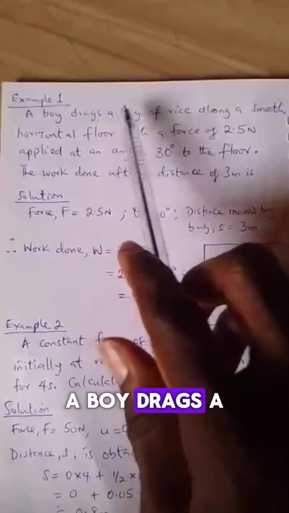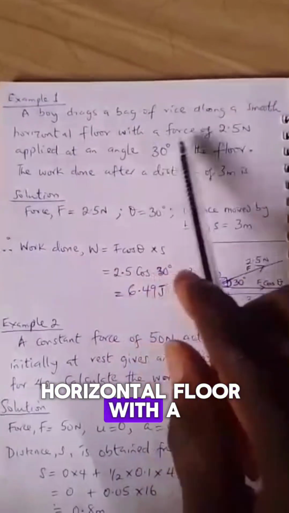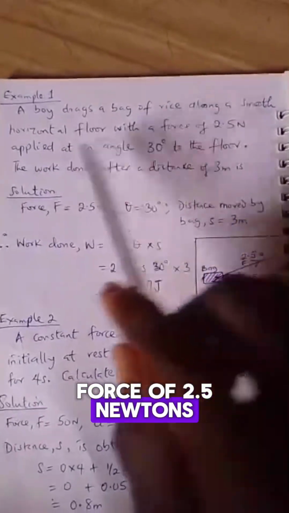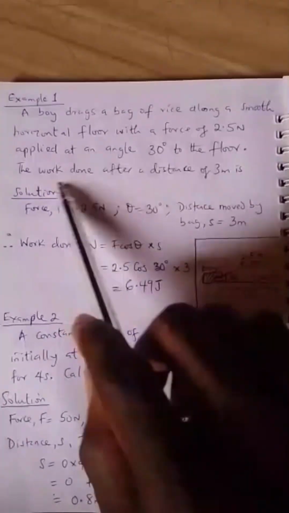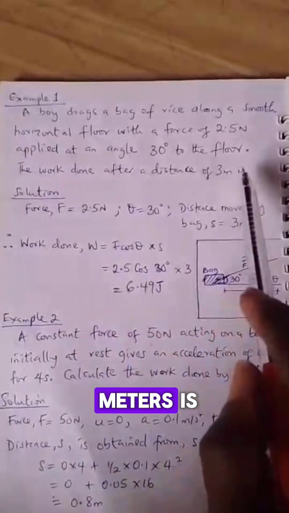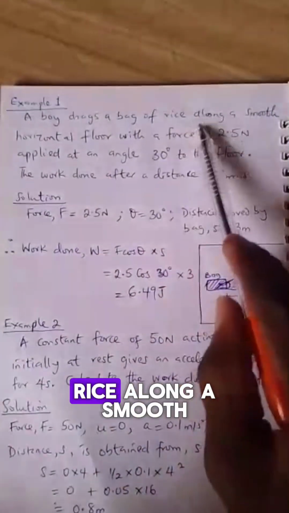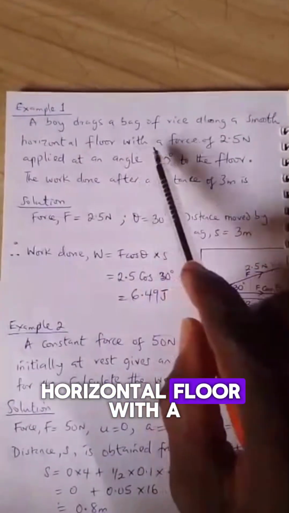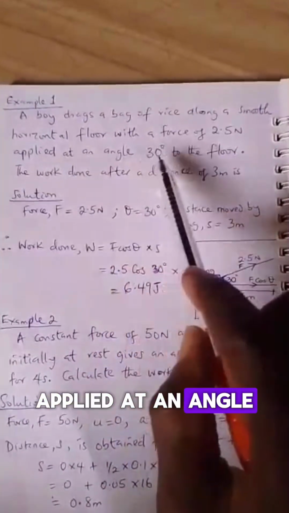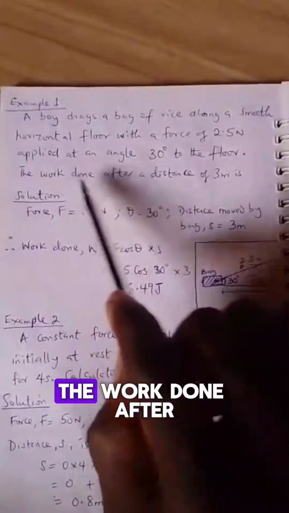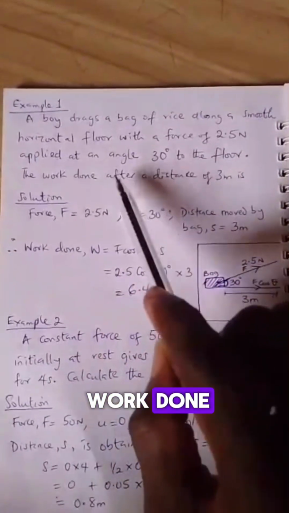Example 1: a boy drags a bag of rice along a smooth horizontal floor with a force of 2.5 newtons applied at an angle of 30 degrees to the floor. The work done after a distance of 3 meters is asked to be found.